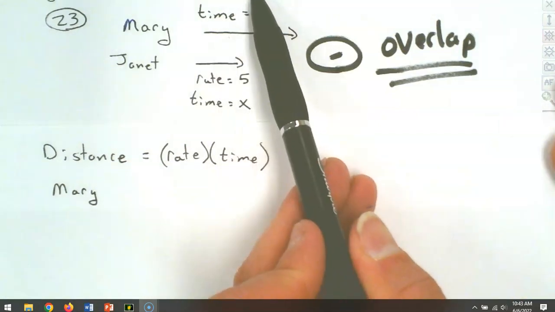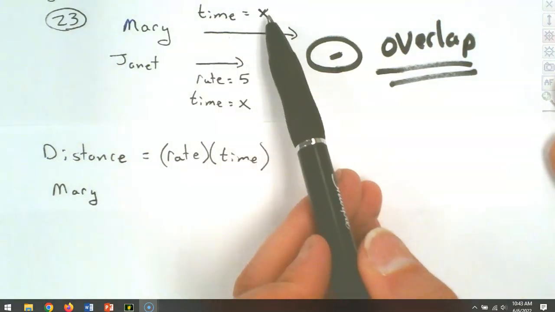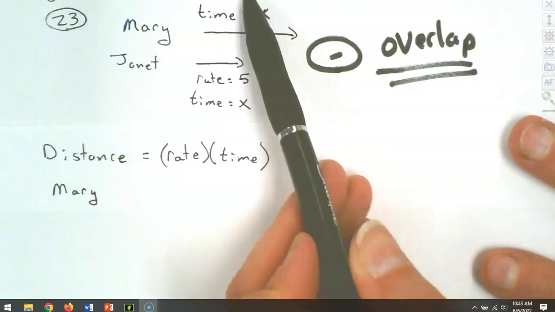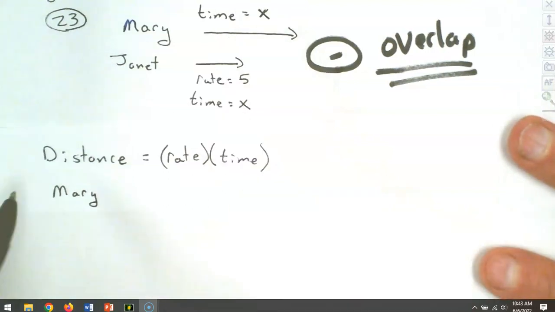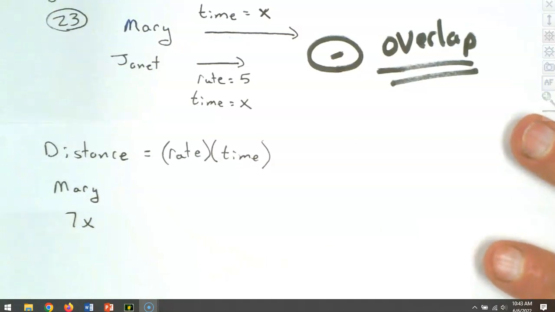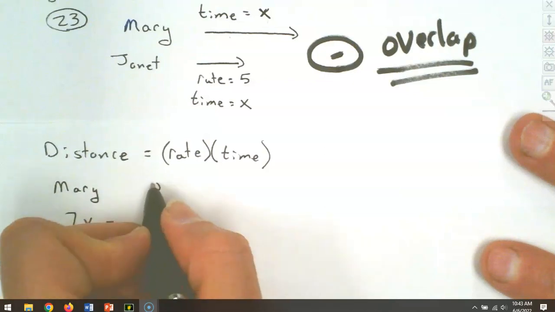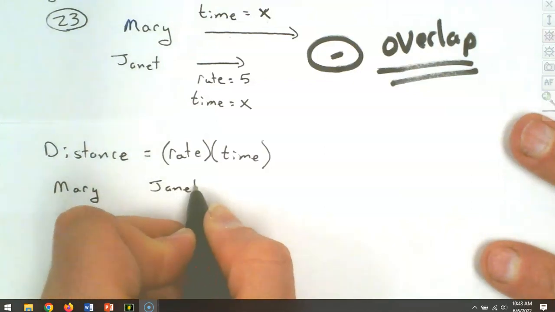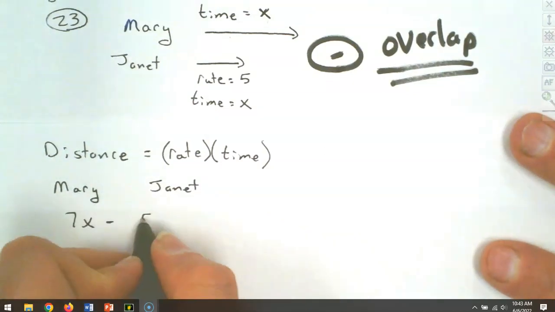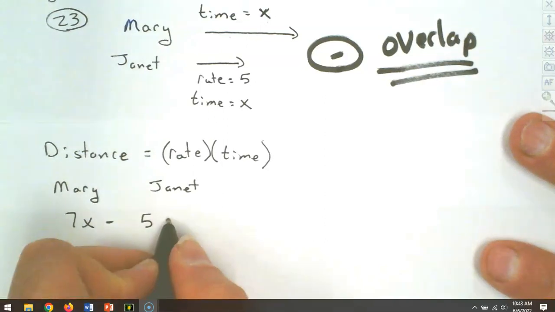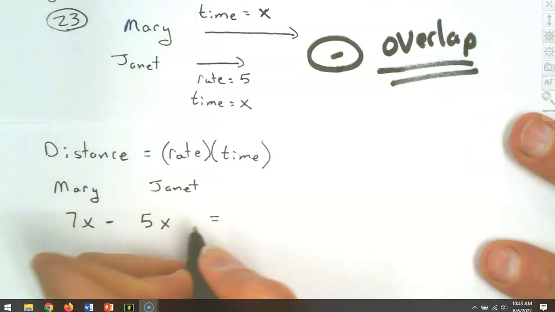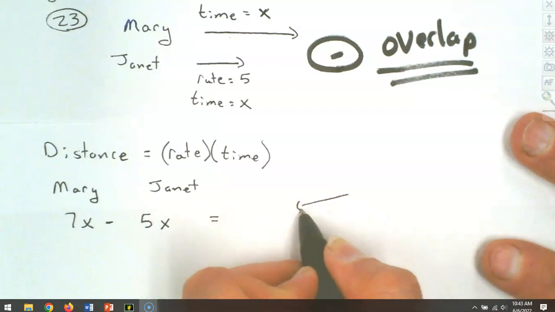Mary has a rate of speed of 7, unknown amount of time, x. So multiplying those together, Mary's distance is 7x. We're going to be subtracting them from Janet's. And Janet's rate of speed is 5, unknown amount of time, x. And that's going to equal the distance apart.